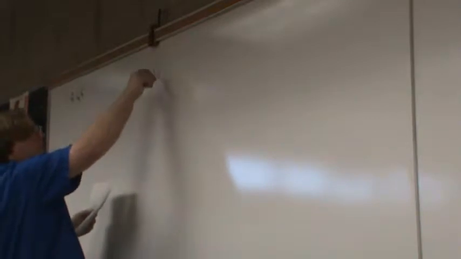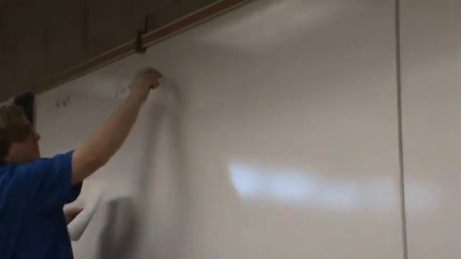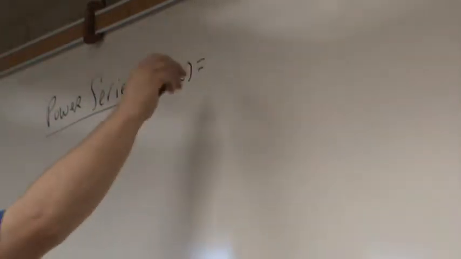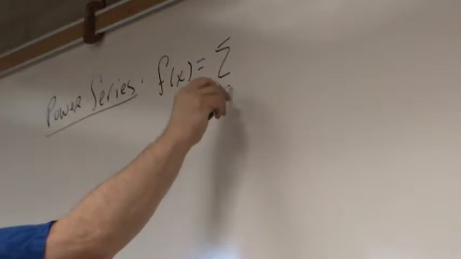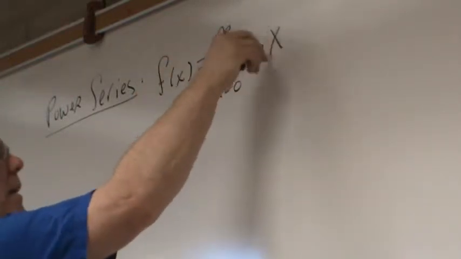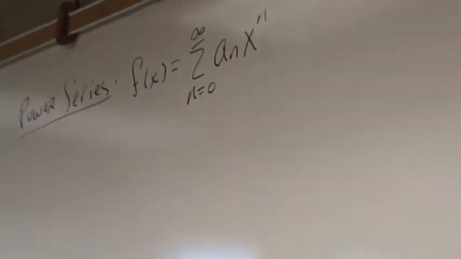So here, let me just define for you what a power series is. A power series is a function, f of x, but it's going to be an infinite polynomial. The sum as n goes from 0 to infinity of a sub n times x to the n, that's a power series. That's a polynomial function with an infinite number of terms.